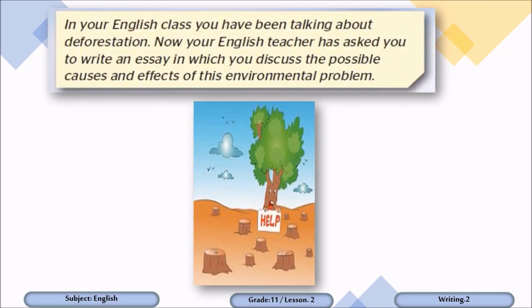In your English class, you have been talking about deforestation. Now your English teacher has asked you to write an essay in which you discuss the possible causes and effects of this environmental problem. So we're going to write an essay to discuss the causes and effects of deforestation.